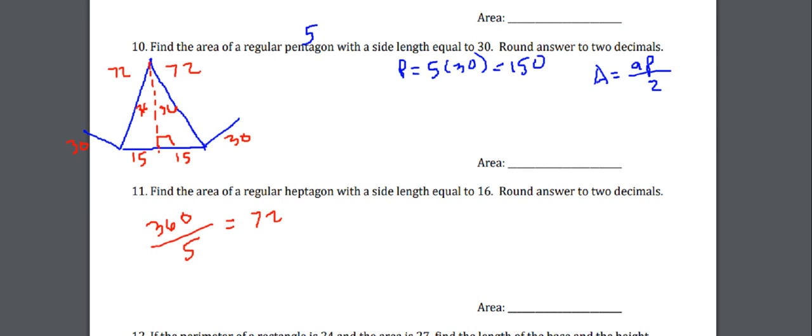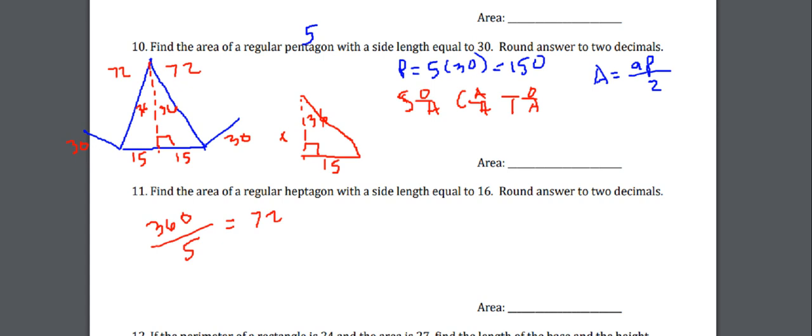Alright, so I gotta find out what this dotted line is. We should see that we have a triangle. Again, it's a right triangle. This is 15, this is x, and this is 36. Okay, that's not a special right triangle, so we have to use our trig functions, which is our SOHCAHTOA.